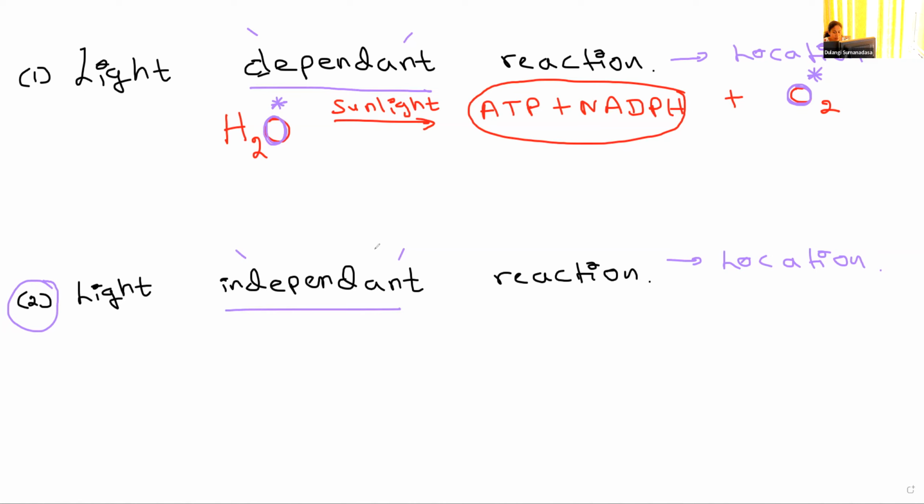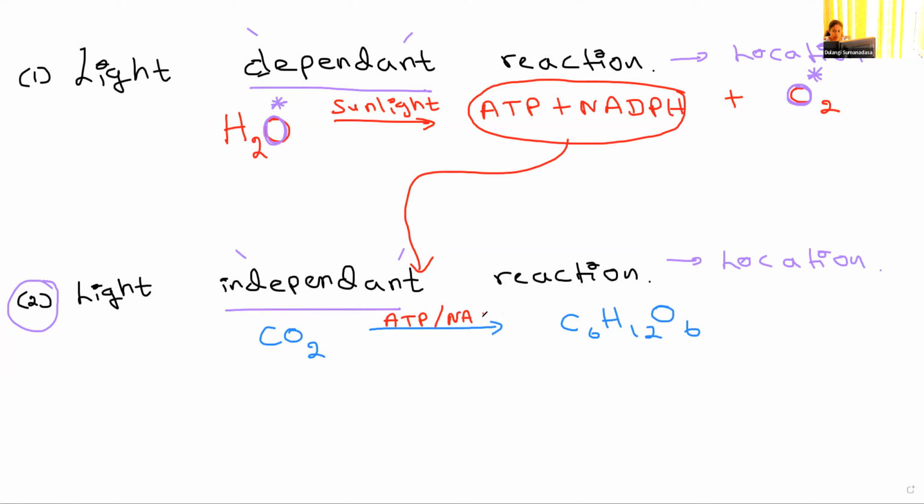And what's going to happen in the light independent is the building up of glucose, in the presence of the energy created from the light dependent, right? So we did everything last week. ATP and NADPH coming from the light dependent.